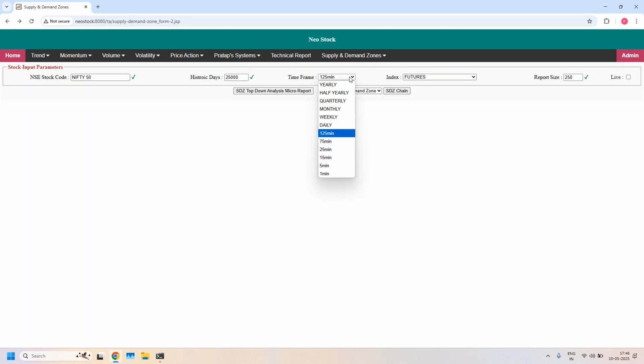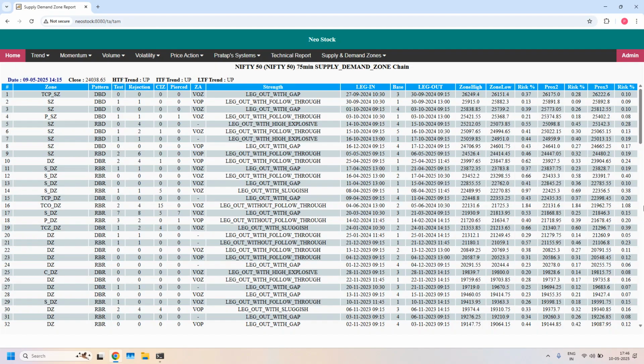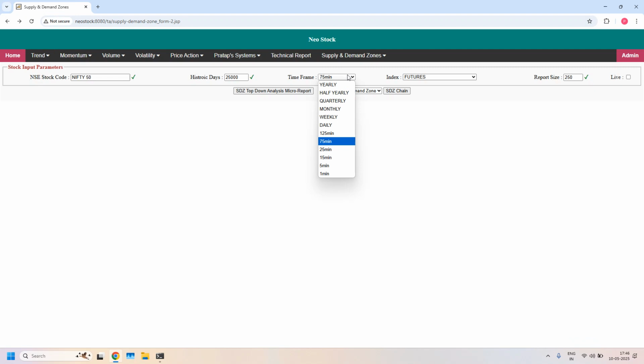Next, generating 75 minutes supply demand zone chain for Nifty. Next, generating 25 minutes supply demand zone chain for Nifty.